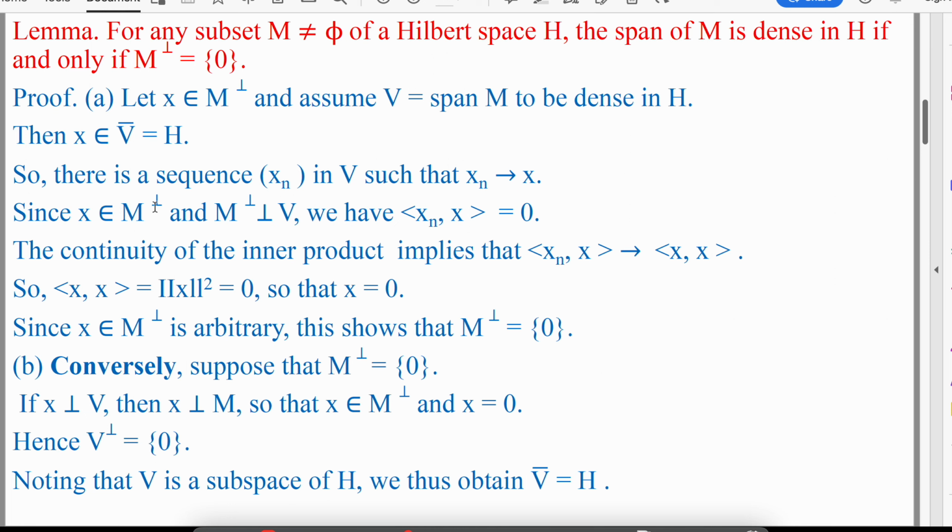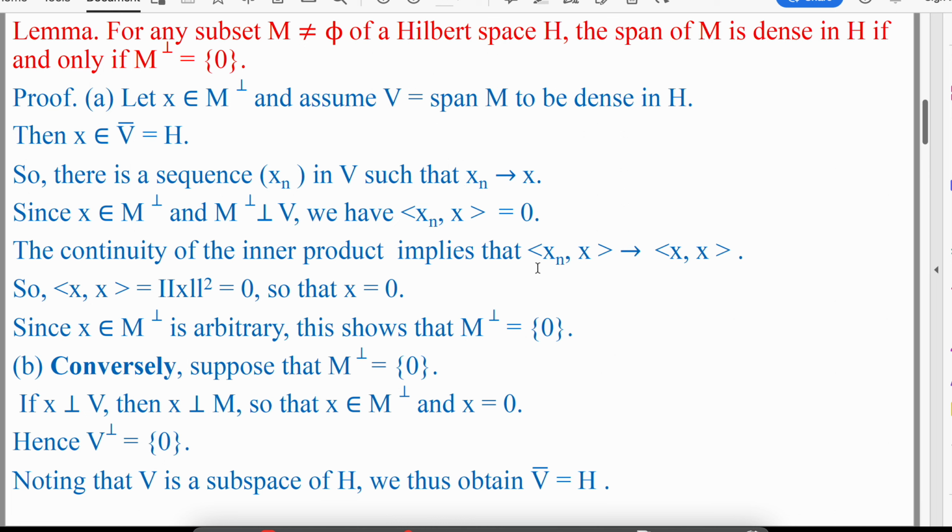But X belongs to the orthogonal complement of M, and the orthogonal complement of M is orthogonal to V. It means the inner product of xn with x is equal to 0, because xn is a sequence in V. But the inner product is continuous.